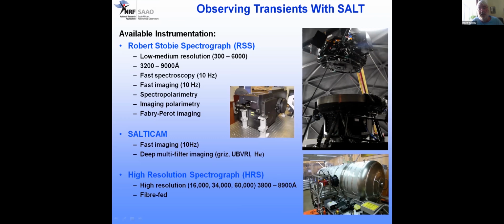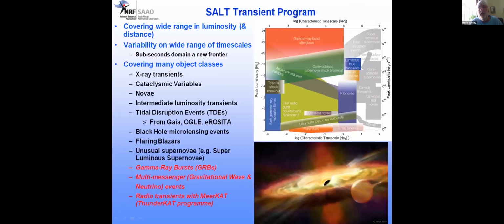You can change from one instrument to the other in a matter of 30 seconds. So you can be very flexible in the way you observe and choose what is the best mode for the appropriate observation. So the program, as I said, covers a wide range of different transient object classes.